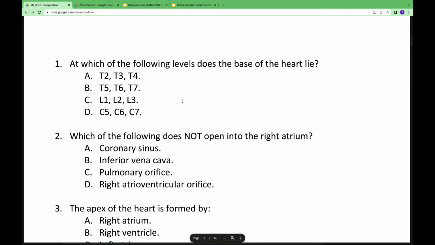Behind the sternum. Yes, that's correct. What else? Who can add some more exact locations, guys? Who can add?